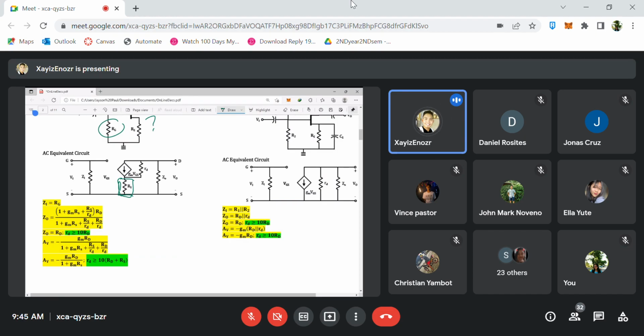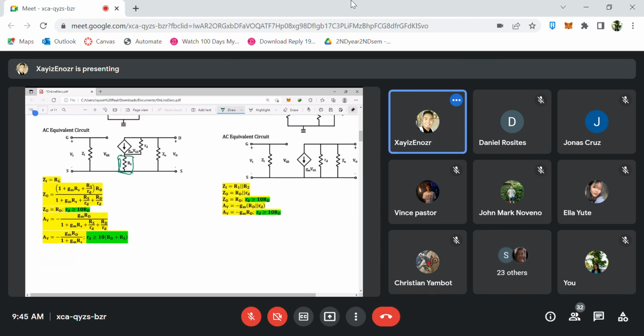Our output impedance is this, a very long formula. Just look at it: 1 plus GMRS plus RS over RD, multiplied by RD over 1 plus GMRS plus RS over RD plus RD over RD. But take note, when our dynamic resistance is much larger than the drain resistance, we can just simply put our output impedance as equal to the drain resistance.